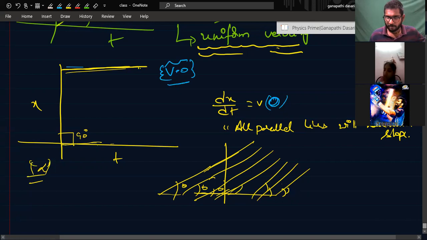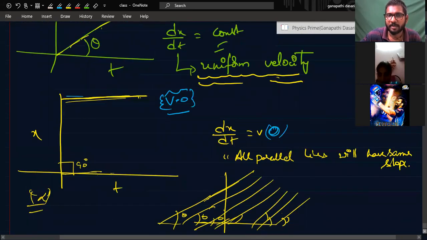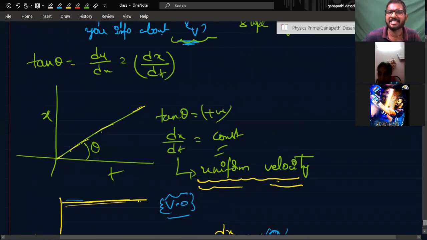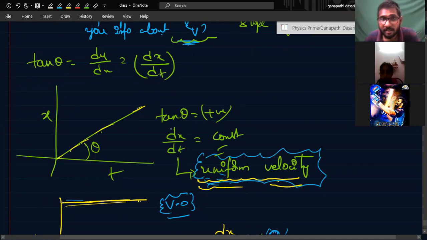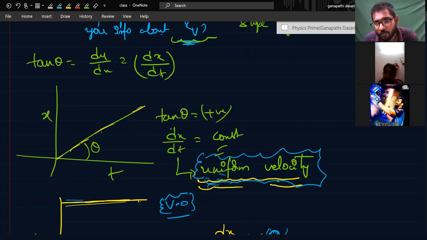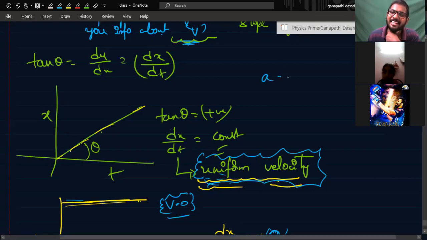Understood, sir. From the previous graph, here velocity is constant. That means acceleration is what here? What is acceleration?